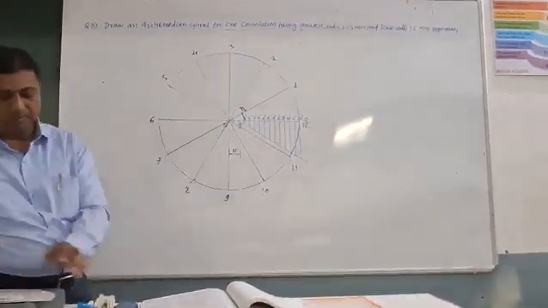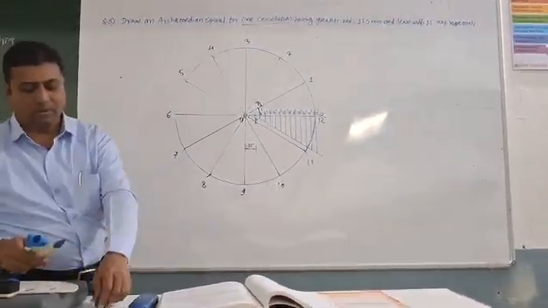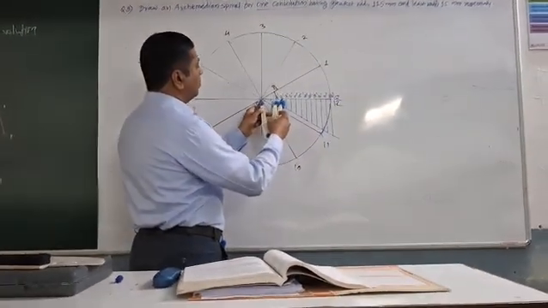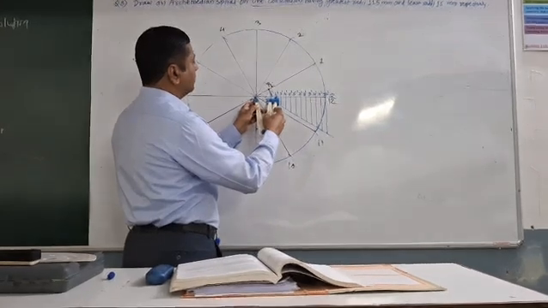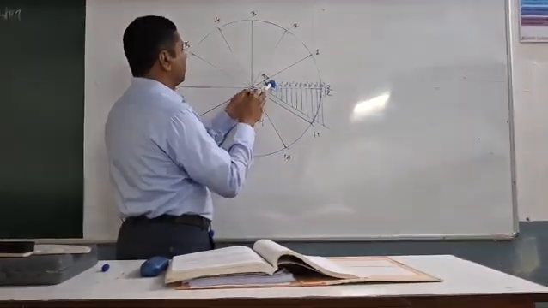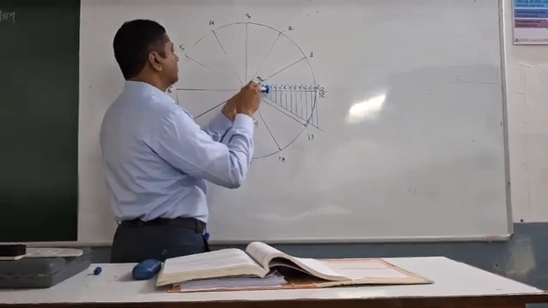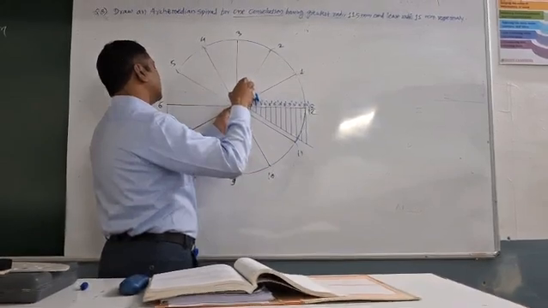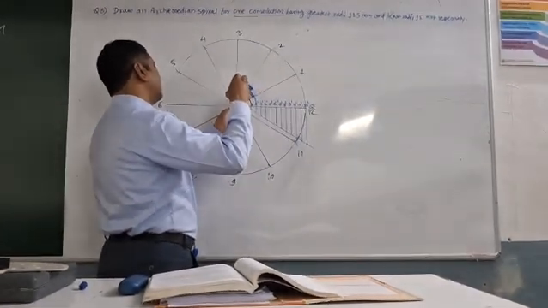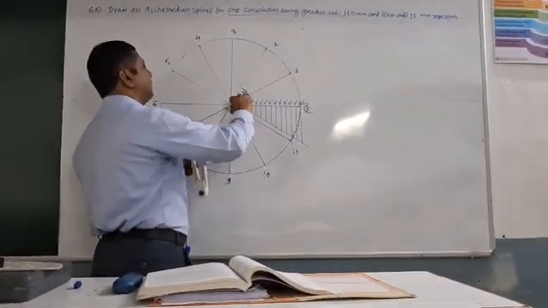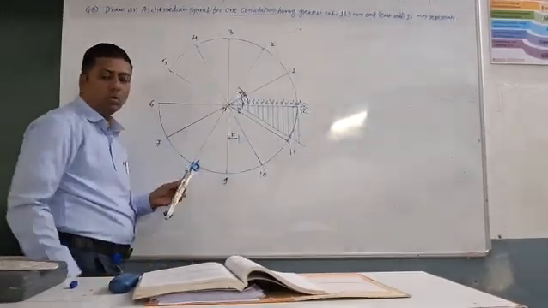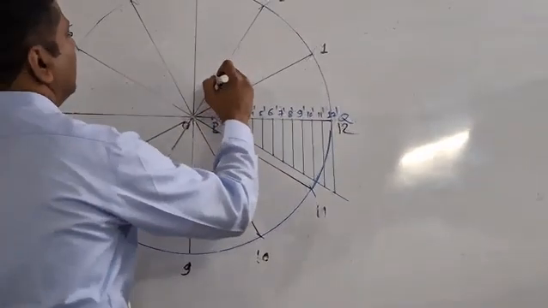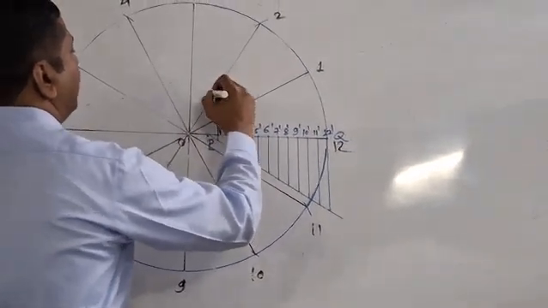Similarly, next take distance O2 dash in the compass. Draw an arc which will intersect radial line O2. Mark this point as P2.